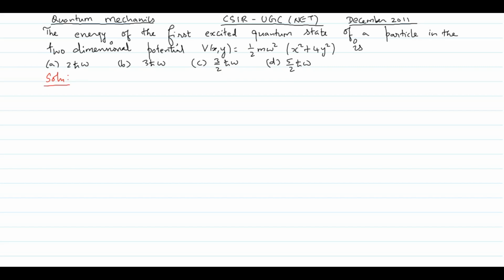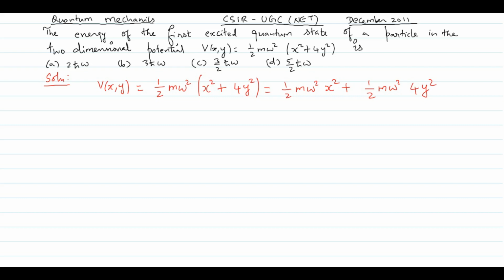So what is given in this problem? Two-dimensional potential. This is equal to half m omega square x square plus 4y square, which can be written as half m omega square x square plus half m omega square 4y square. Let us write it in the half m omega square x square form, because this is a harmonic oscillator potential.